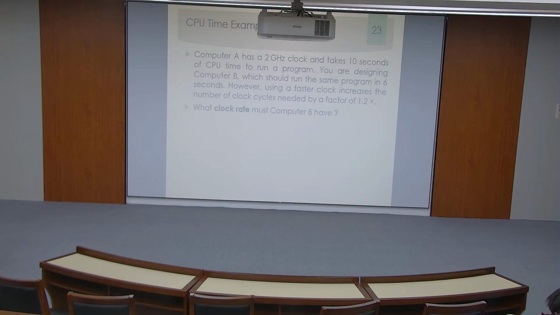That means the CPU clock cycles of computer B is 1.2 times the CPU clock cycles of computer A.